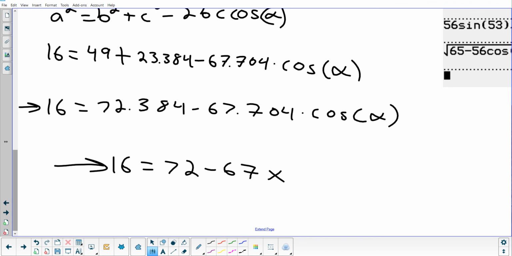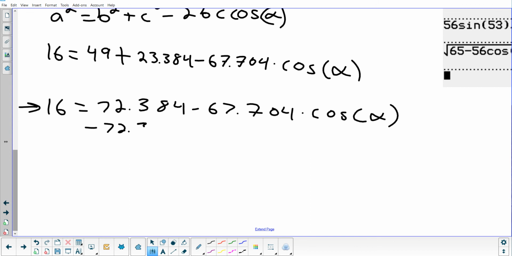Subtract the 72.384 from 16. Yep, we're going to subtract that 72 from both sides. Now we're trying to get the variable by itself. So let's move the 72 to the other side. That's gone. And now while I'm writing the rest of this down, if somebody can just do it on their calculator, 16 minus 72.384.